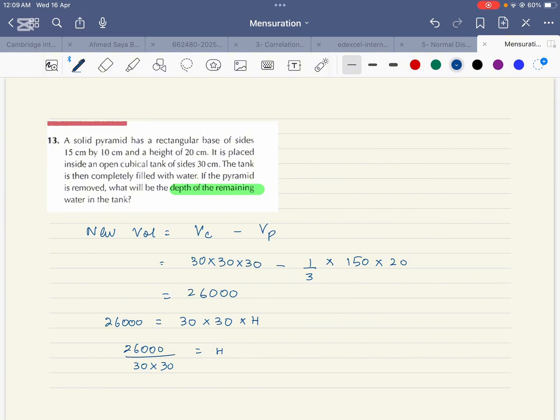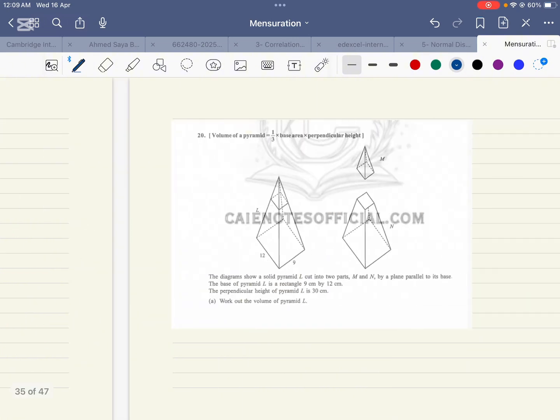The answer should be less than 30, so this is 28.9 or 29 centimeters. Why did it have to be less than 30? It had to be less than 30 because 30 is the entire height, and if some water has overflown, the height had to be less than the original height.